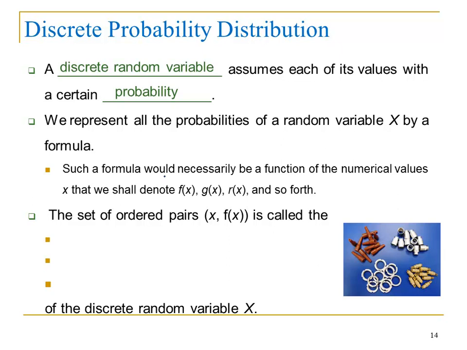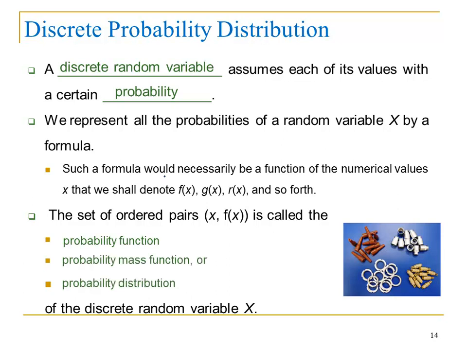So the set of ordered pairs, the value and the output of that value in the formula, is called the probability function, or the probability mass function, or a probability distribution.